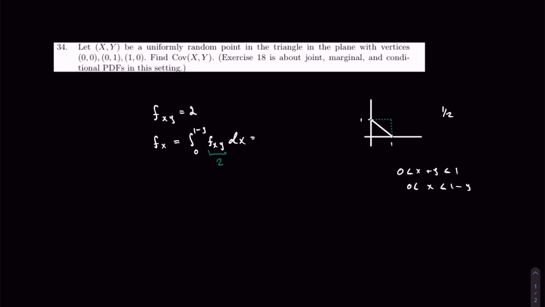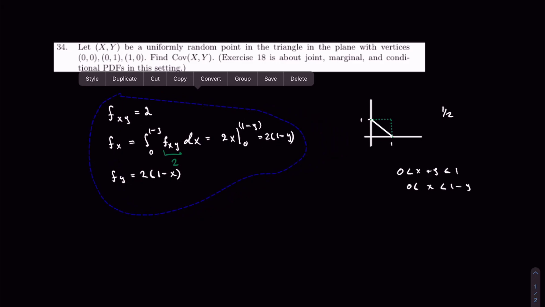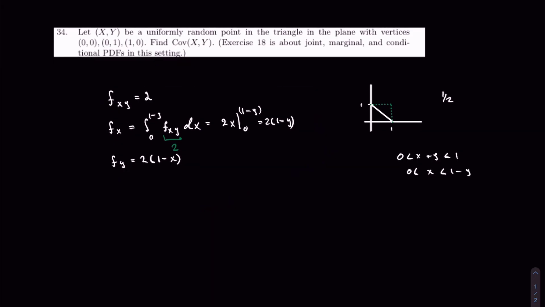And so I have 2x from 0 to 1 minus y, and that is 2(1 minus y). So that's the PDF of f of y. By total symmetry, f of x is 2(1 minus x). Great, so now we have all the PDFs that we need for this exercise.